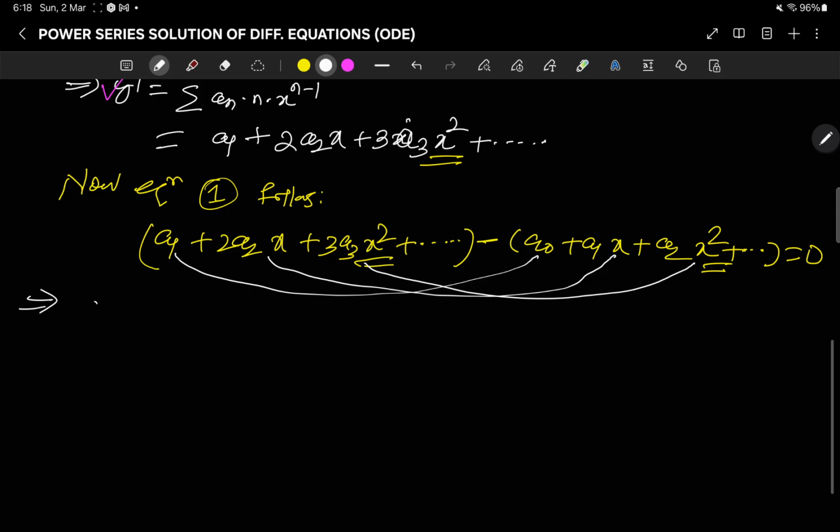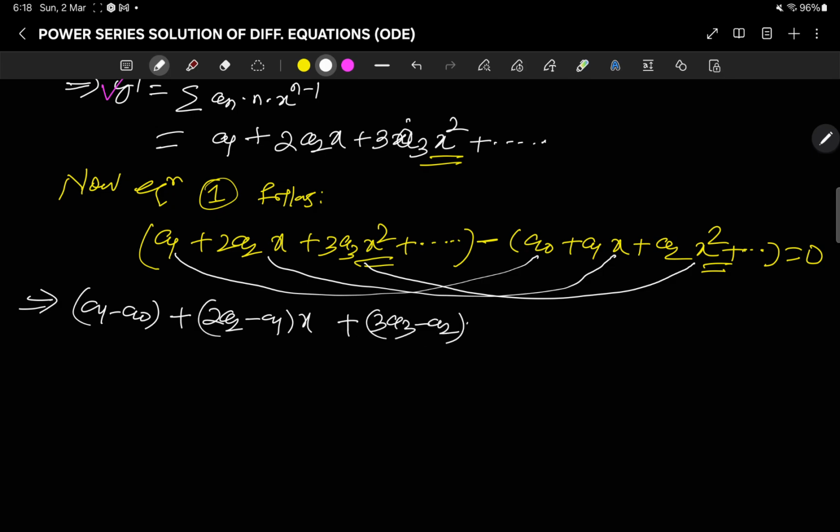So that means a1 minus a0 plus 2a2 minus a1 times x plus 3a3 minus a2 times x square, and so on, is equal to 0. In the right hand side, can I not write it as 0 plus 0x plus 0x square? So now I can compare.